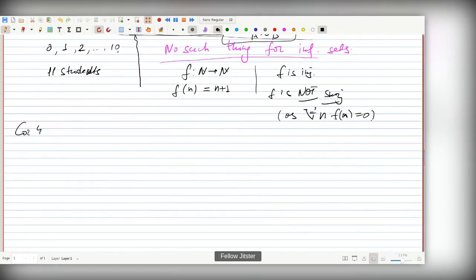Corollary 4. I say that for every two natural numbers m and n, if m doesn't equal n, then there will be no bijection between the two. Okay, let us prove it.